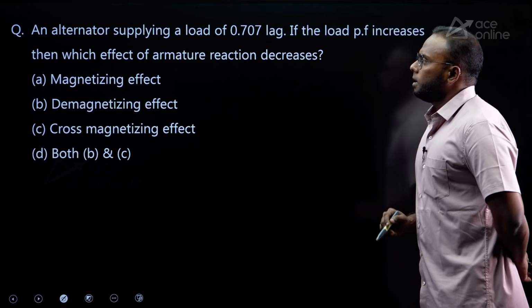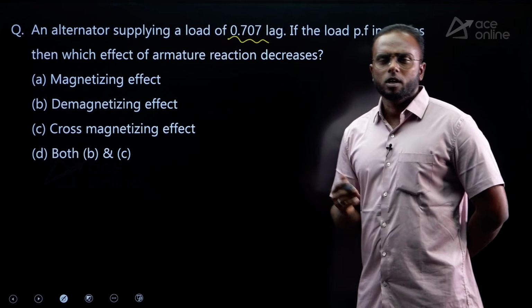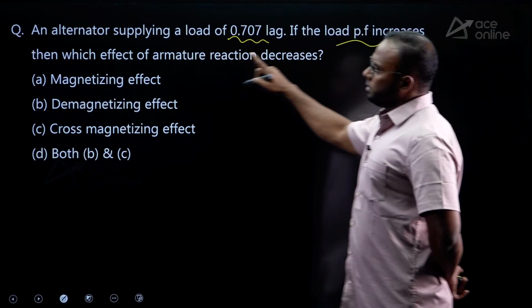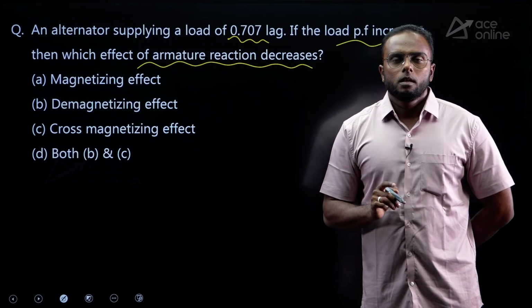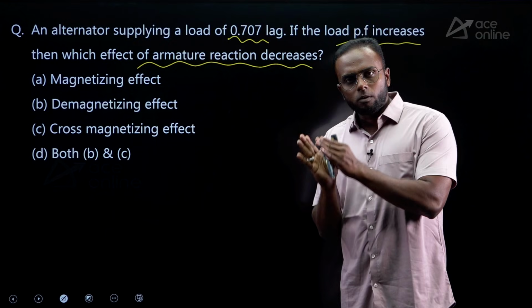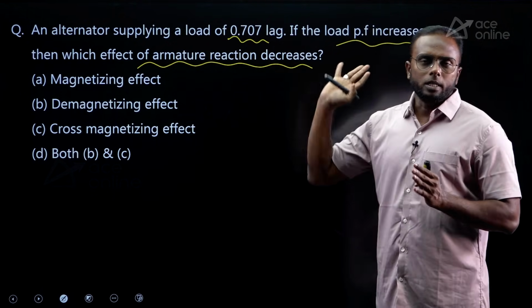Next, an alternator supplying a load of 0.707 lagging, 1 by root 2, 45 degrees. If the load power factor increases, which effect of armature reaction decreases? If you remember the armature reaction topic, we have different reactions for different load power factors. Initially it is operating at 0.7 lag.